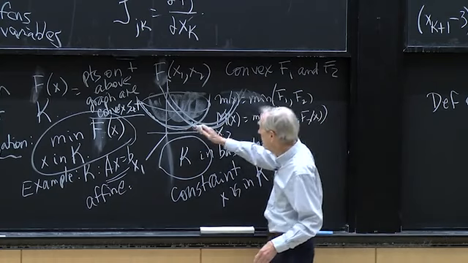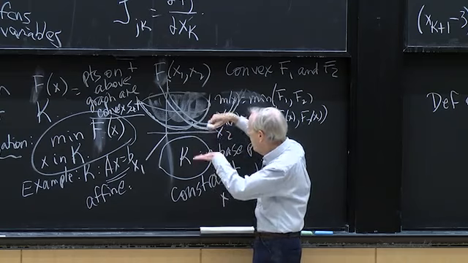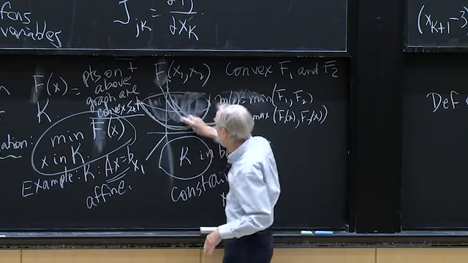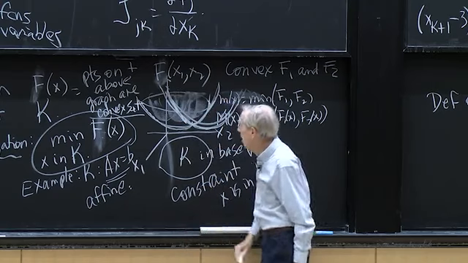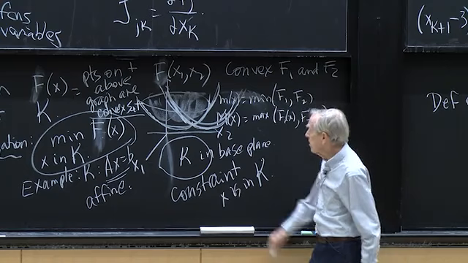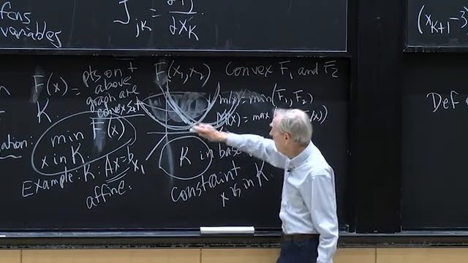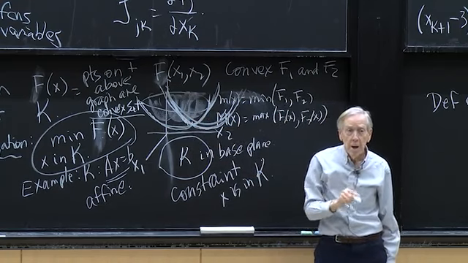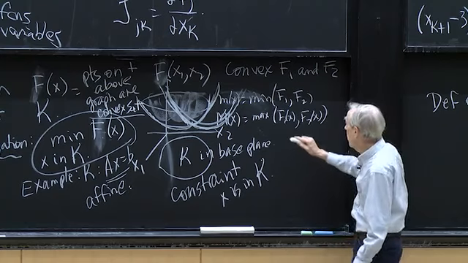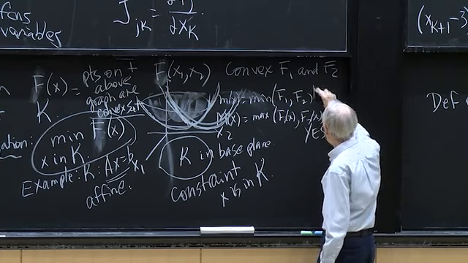The maximum is the one that's above all the points. That was the minimum function, which had a kink. The maximum function is like that, and it is convex. So maximum, yes. Minimum, no.